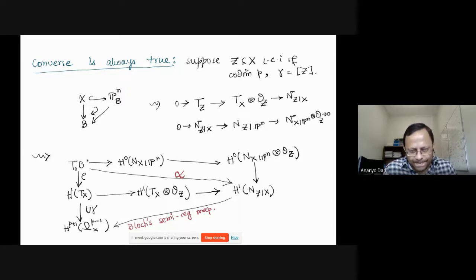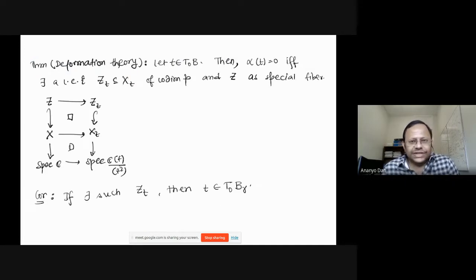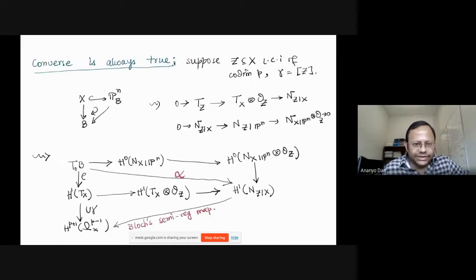And now this composition is what is known as the geometric obstruction, in the sense of this result: if you take a first order infinitesimal deformation of X corresponding to a tangent vector coming from this family, meaning that t is in T_0 B in here, then under this map that we have, alpha, going from the tangent space of B to H1 of N_{Z/X}, you can see these are quite well defined, because T_0 B is also a complex vector space.